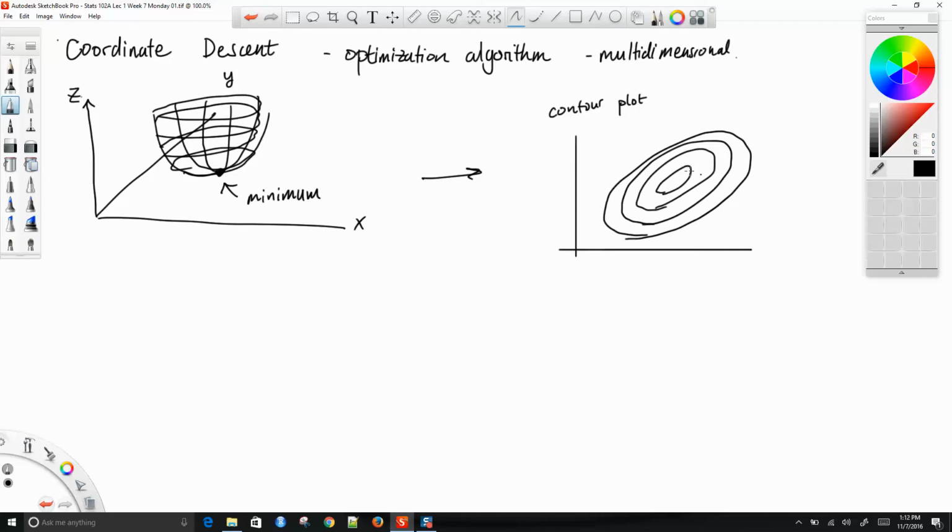The way coordinate descent goes is we want to minimize some function f, which is a function of x and y. So f of x and y is equal to z, and we want to find the x and y that minimize this function.